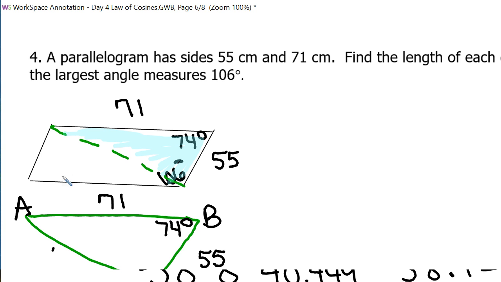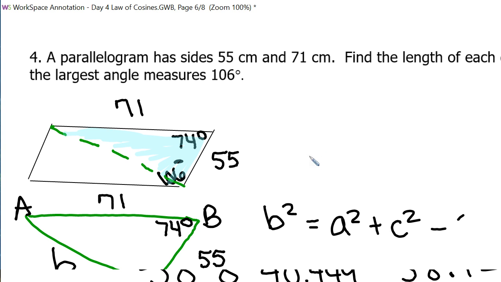To solve for side B, would I have to use the formula as a squared, b squared, or c squared by itself? If I have angle B, I have to use the b squared formula. So b squared equals a squared plus c squared minus 2ac times the cosine of angle B. Fill in what we know.